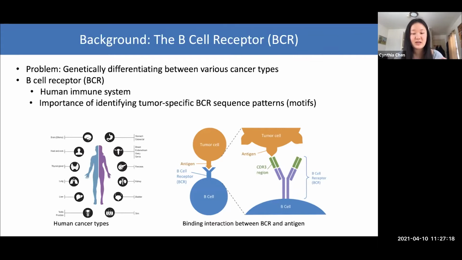And because of this, it's able to signal the release of antibodies to attack these tumor cells. In order to better understand what sorts of antigens are correlated with certain B-cell receptors, it is really crucial to identify these tumor-specific sequence patterns on the B-cell receptor, which are termed motifs.